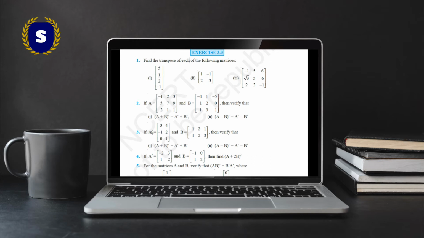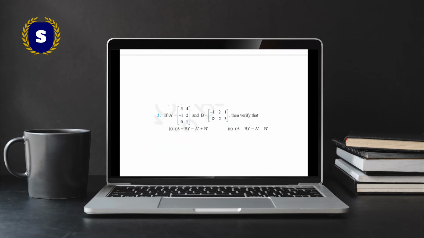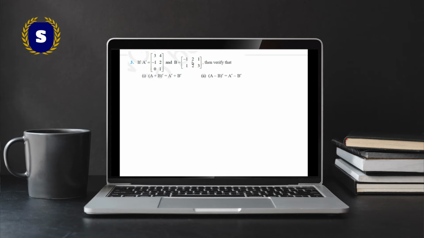That is question number 3. It is the same type of question. Here we are given the A transpose matrix and the B matrix. So we don't have matrix A here and we don't have matrix B transpose.